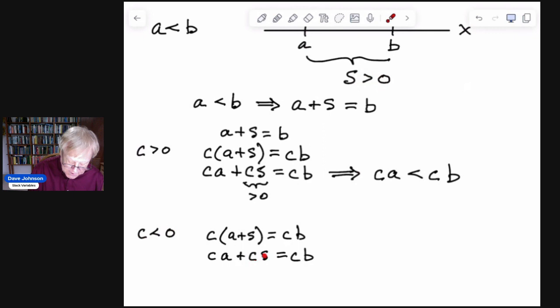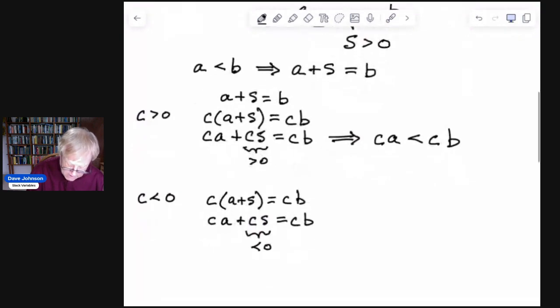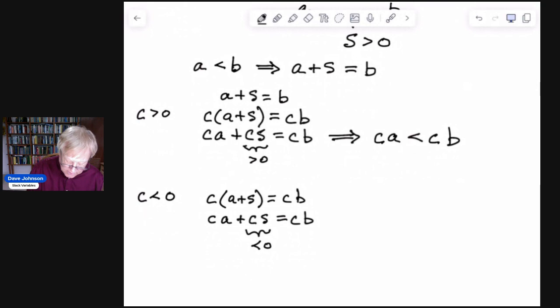So c is less than zero, s is greater than zero. Negative times positive is negative. So if I mark this as less than zero, then in order to get the proper result as an inequality, this less than zero cs would mean that ca has to be greater than cb. Because if you subtract something from something that's greater, you get something that's smaller.